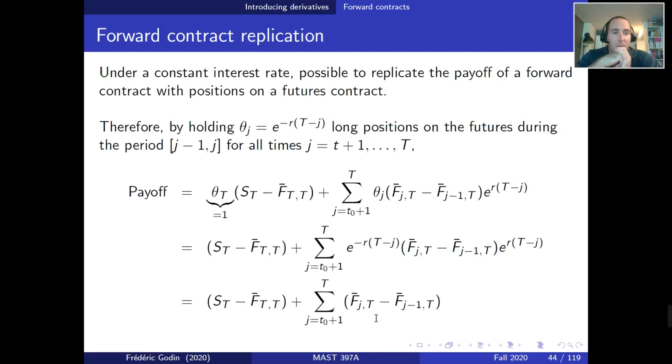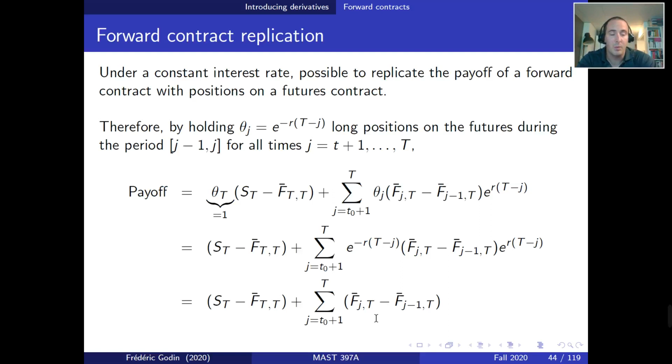Then furthermore, another interesting result is that, still working in the context of constant interest rate, it's possible to replicate the payoff of a forward contract by a suitable portfolio of futures contracts.